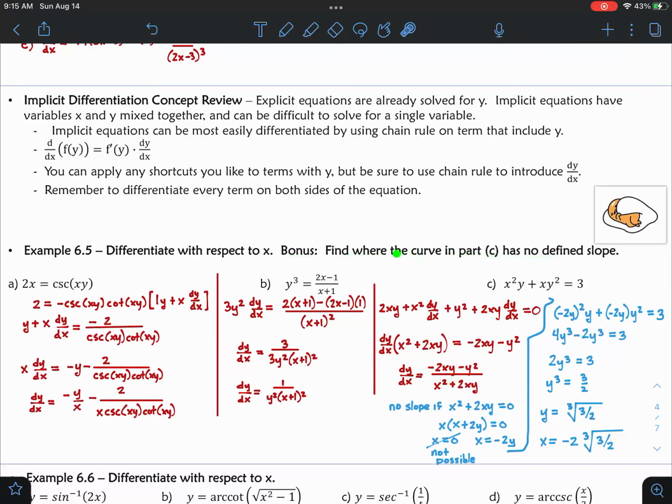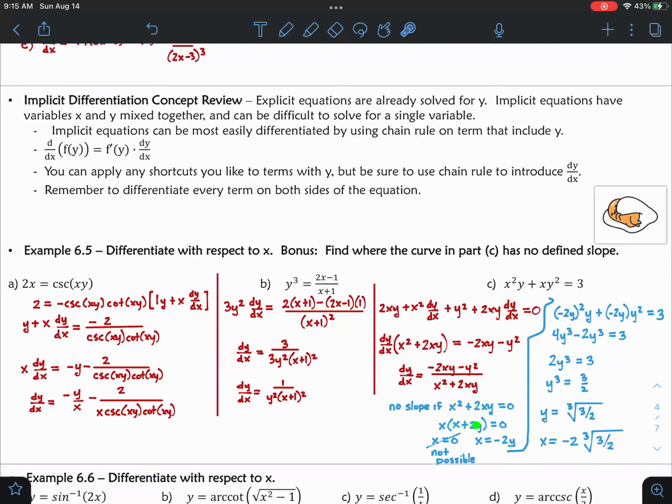Bonus question, which I have seen show up in AP problems before. Where does this curve that's being described in part C have no slope? Well, no slope means the derivative does not exist. This derivative that we found does not exist if the denominator is equal to 0. So we set the denominator to 0 and explore that.